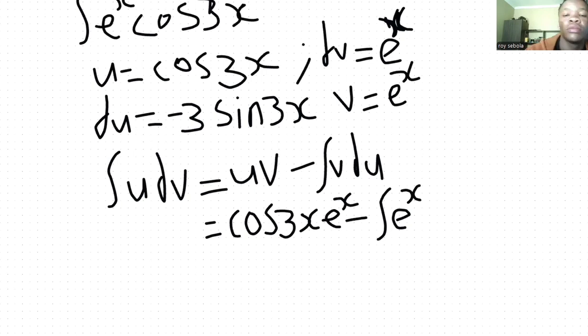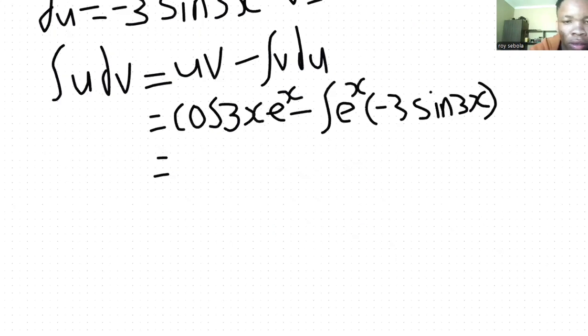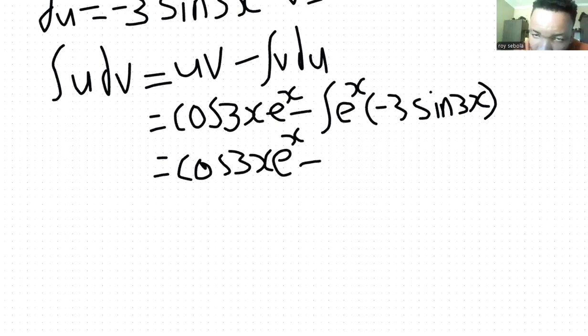Then we simplify: cos 3x e to the x minus, and we can take out the constant, which is negative 3, so we have plus 3 times the integral of e to the x sine 3x.